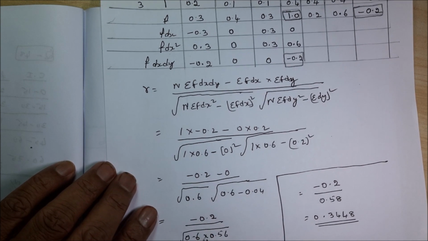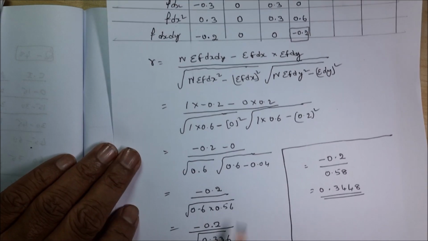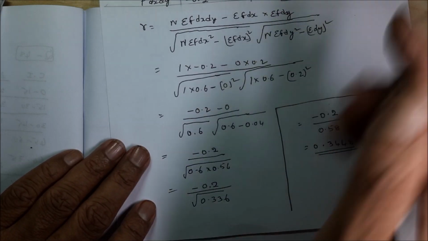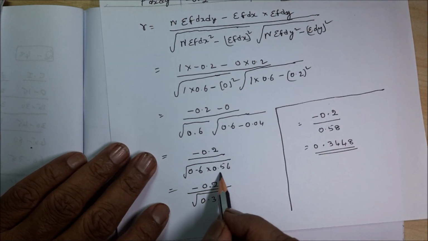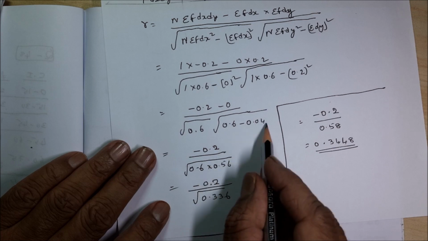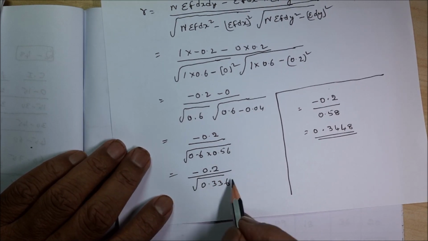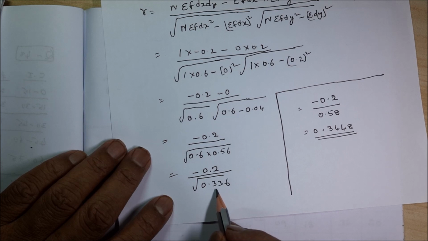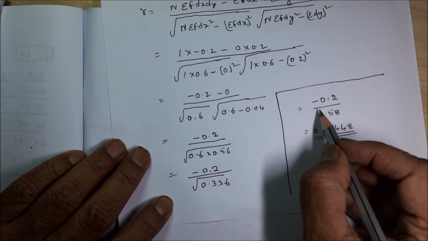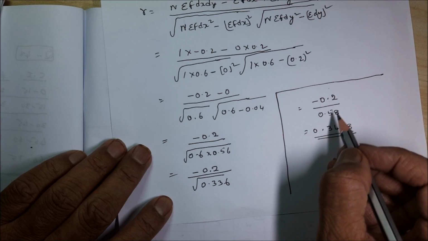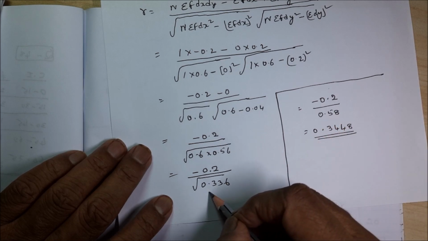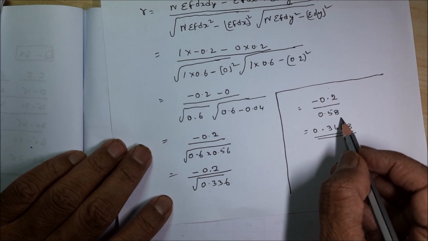So minus 0.2 divided by 0.6 into 0.56. From this, minus 0.2 divided by square root of 0.336. So minus 0.2 divided by the square root of 0.53 is 0.58.